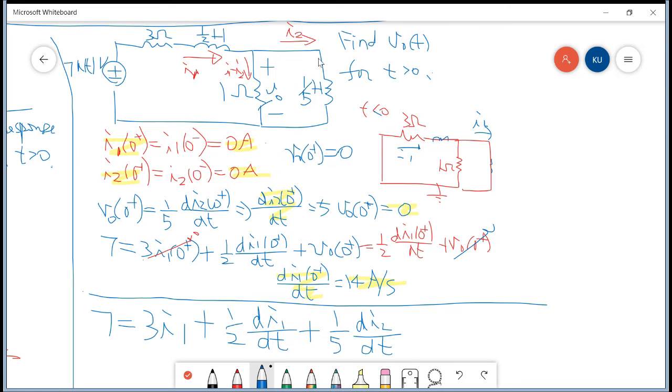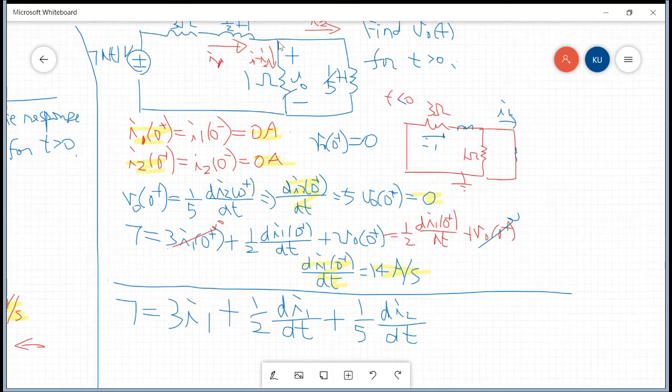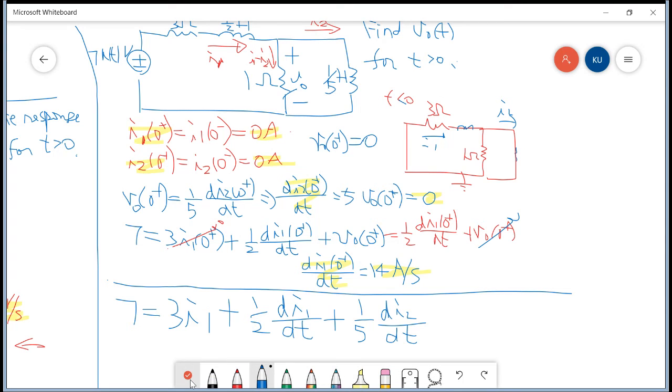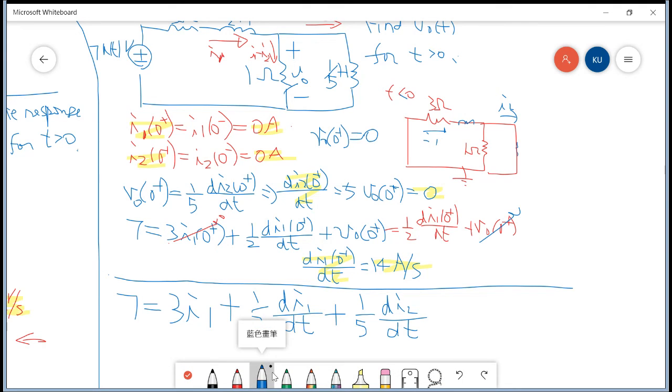So this is the current for that one, the voltage for this one. And actually we can also use the KCL at this node, which means that I1 minus I2 will be nothing but this voltage.